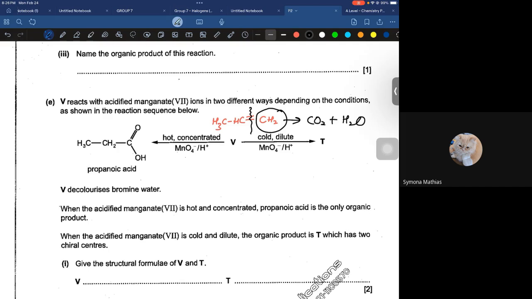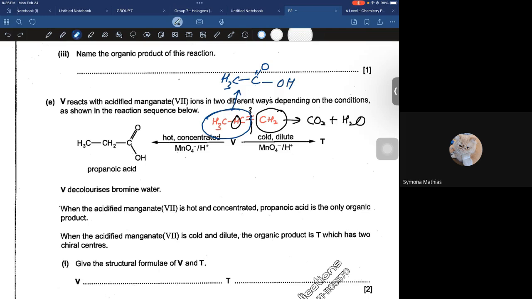Whenever you have one hydrogen and one R group, this part is going to give first an aldehyde and then a carboxylic acid with two carbon atoms, meaning it would give ethanoic acid, but this is propanoic acid.